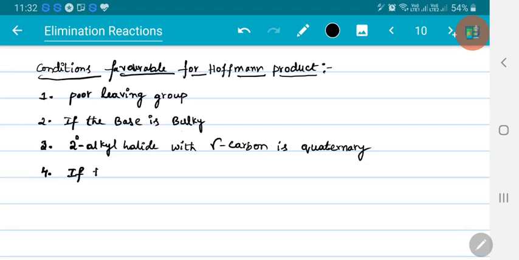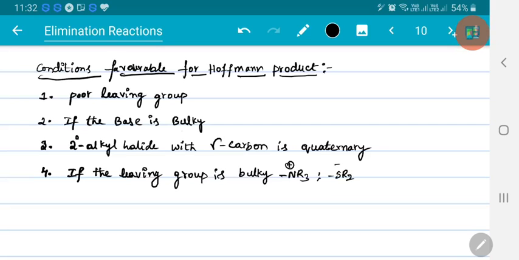If the leaving group is bulky, such as a tertiary or quaternary ammonium salt, or SR2 plus, any such system, then whenever there is a bulky leaving group, it leads to formation of the Hofmann product.